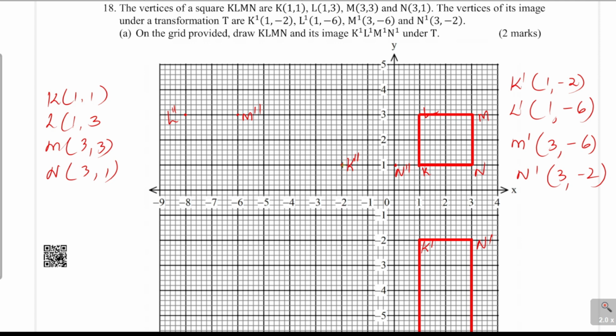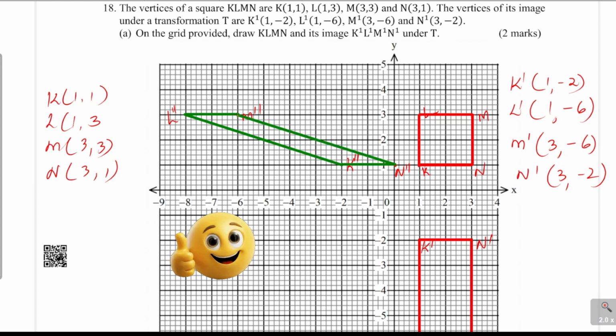So we can join these. K to L, like that, and then M. Increase this width, so we have that, joining the points, up to that point, and then there we have it.